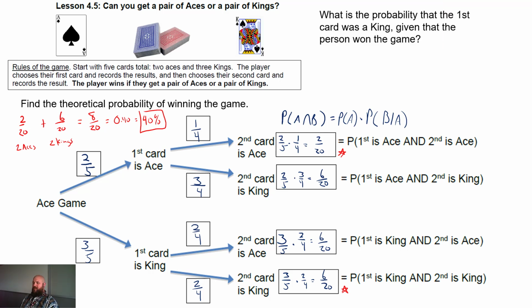So what is the probability that the first card was a king given the person won the game? So the first card a king given the person won the game. With this, it says the probability that the first was a king, given that the person won.